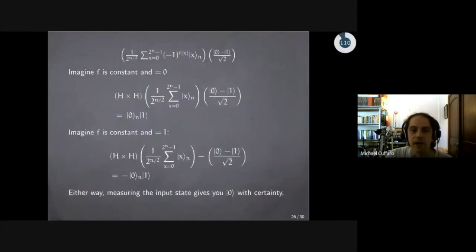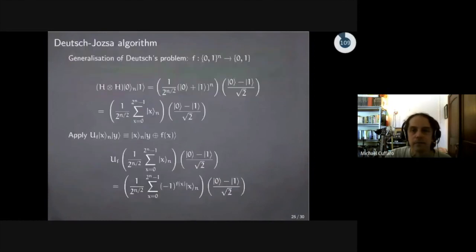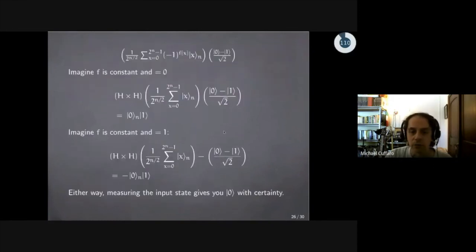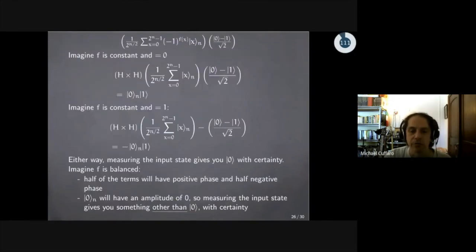So again, I didn't have the diagram, but it's the same idea. You have one invocation of the oracle that allows you to determine the answer to this question with certainty.